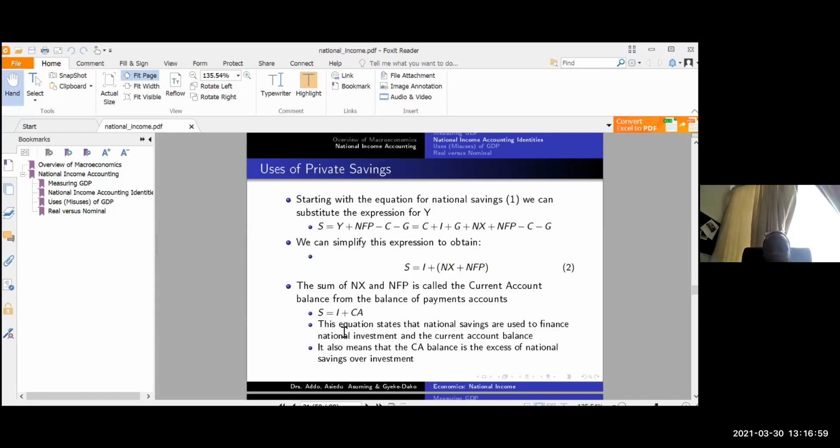If you have a very low level of savings, it has implications on these two important variables. Therefore, this equation states that national savings are used to finance national investment and the current account balance.